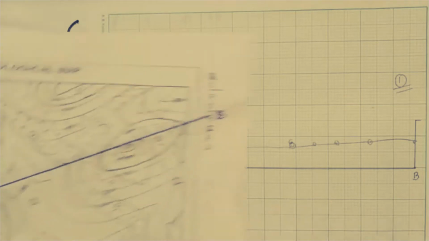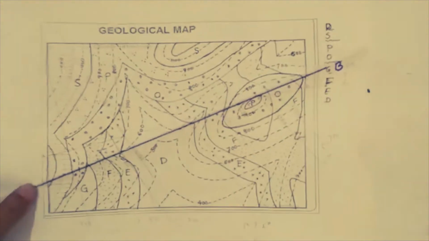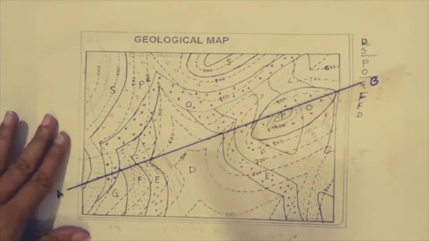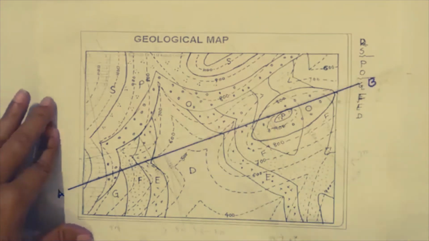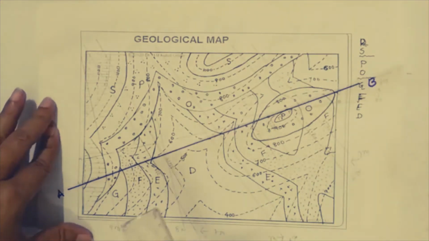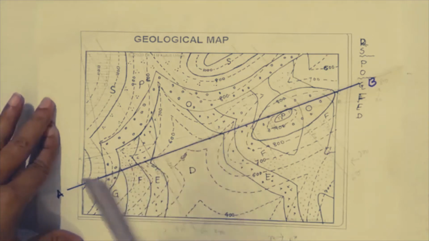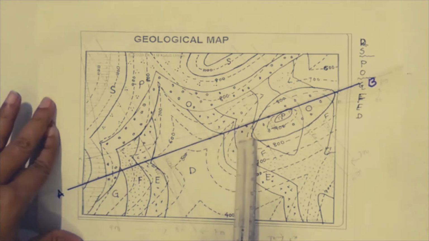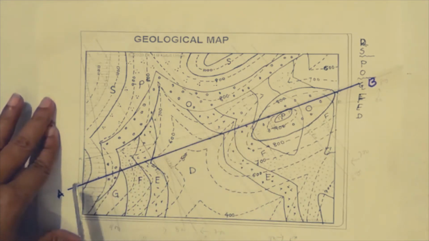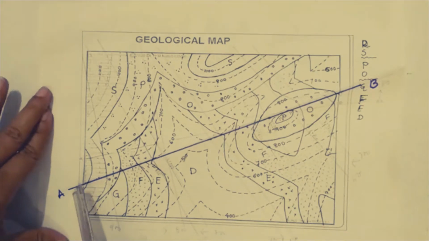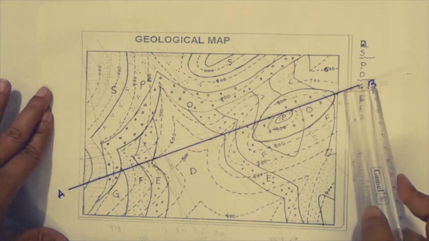Now come to the point of plotting the beds. Minutely observe the geological map. We will follow only the alignment of beds and the alignment of contour along the section line. Start from the left hand side, from point A. This is our section line.